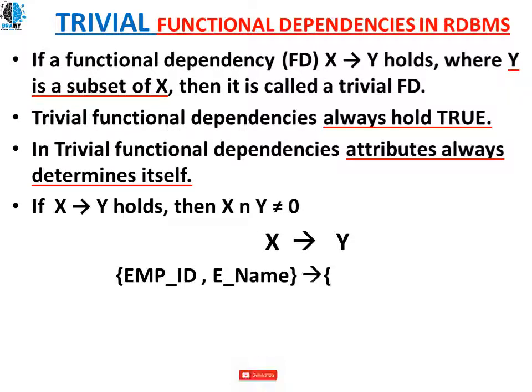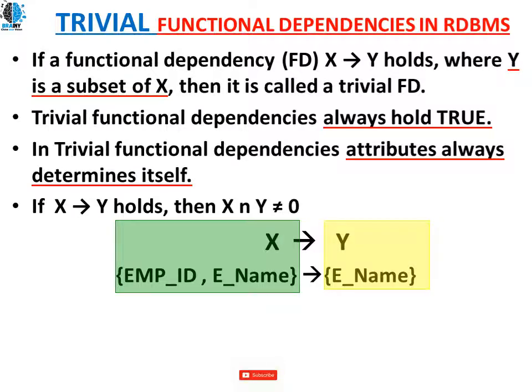X has the attributes employee name and employee ID. These are the two attributes in my X. Whereas Y is employee name. So this is my X, this is my Y. X determines Y, where Y depends on X.